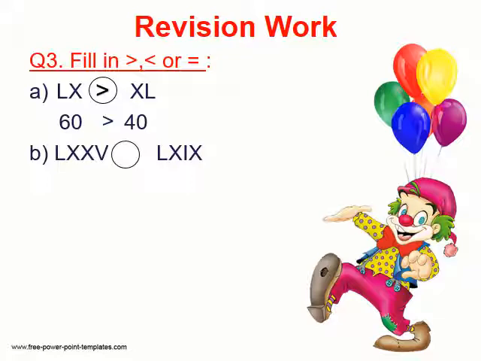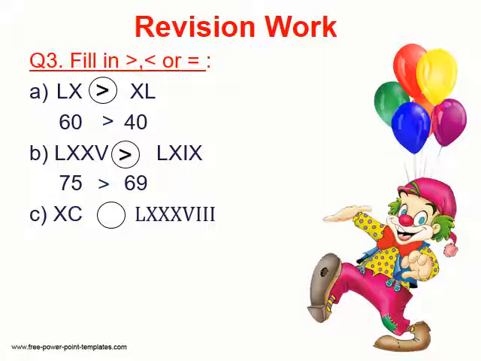First of all, let us find their value in Hindu Arabic numerals. The value of LXXV is 75 and the value of LXIX is 69. So children, 75 is greater than 69.